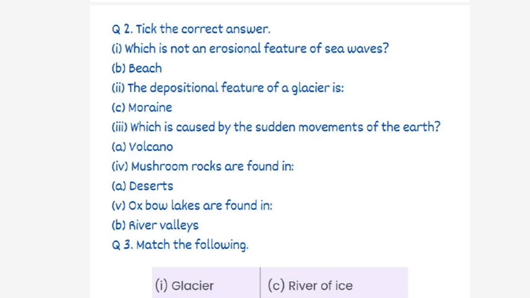Which is not an erosional feature of sea waves? Answer. Option 2, beach.